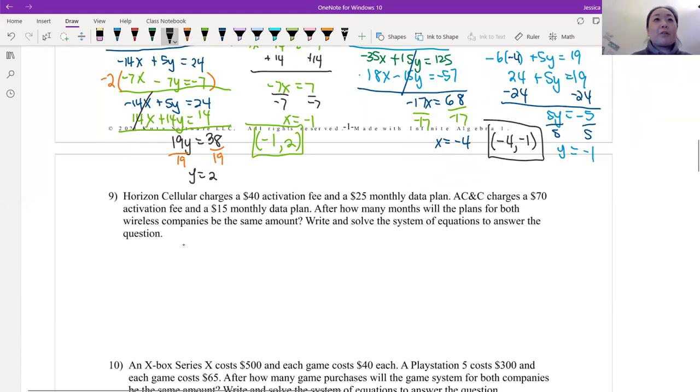All right, so here we go. Let's try these out. So for Horizon Cellular, what's that going to be? I notice here that there's an activation fee. How many times do we pay an activation fee? Just once, right? And this is what I'm having to pay every single month.